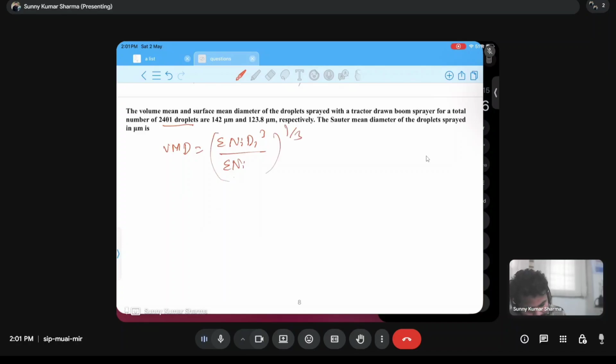This is the formula for VMD, and for surface mean diameter the formula is sigma ni di square by sigma ni, to the power 1 by 2. The VMD is given as 142 micrometer, and the surface mean diameter is given as 123.8 micrometer. And it is being asked what is the value of sauter mean diameter.